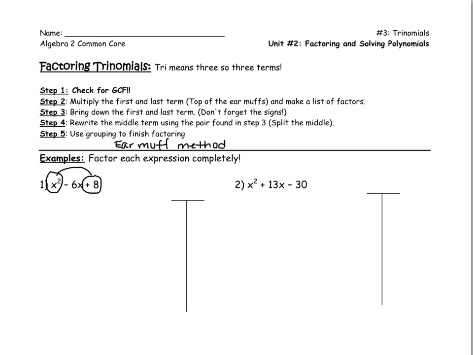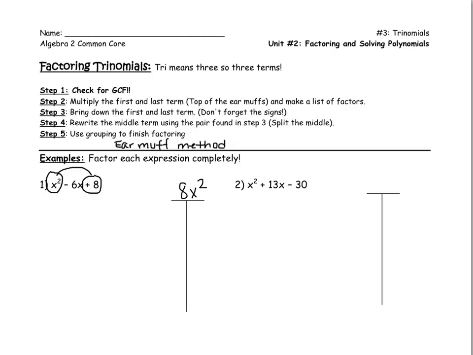Where earmuff got its name is, this first term that we are circling is one of the muffs, this is another muff, and that's the headband that connects them. Or if you learned this in intermediate algebra or advanced algebra, this would be the AC method. So we multiply these two, and when you multiply x squared and 8, you get 8x squared.